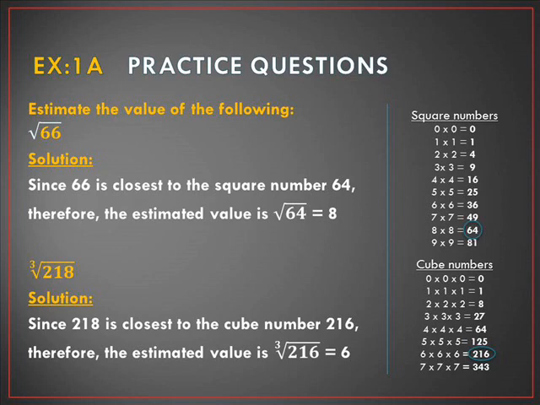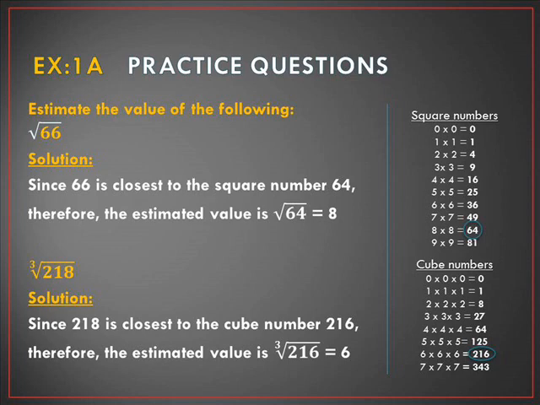Now let me explain that to find the square root of a number, you want to find some number that when multiplied by itself gives you the original number. Therefore, the square root of 64 should be 8, because 8 multiplied by itself gives you 64. Likewise, we can solve cube root of 218.